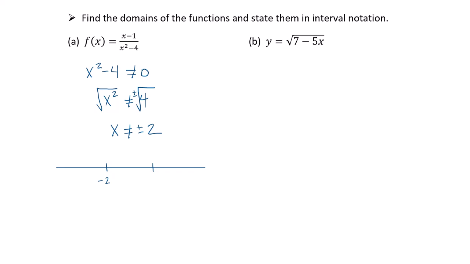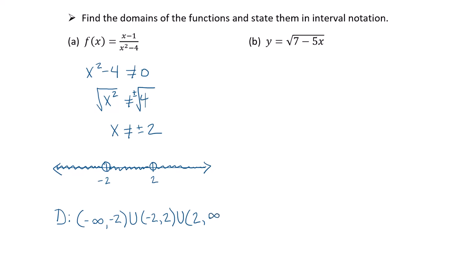Here's -2, here's +2, and as long as x is not either one of those numbers, we're okay. We can use numbers over here, we can use numbers in between, and we can use numbers over here. So our domain in interval notation is negative infinity to negative 2, union negative 2 to 2, union 2 to positive infinity.